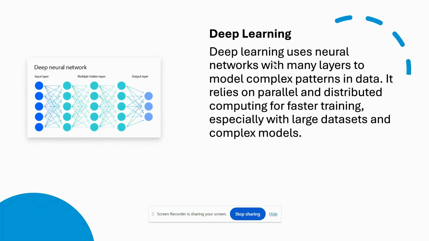The small circles that you are seeing here are called neurons, and the neural network is this whole structure in which different neurons are connected to each other. It has three parts: an input layer, multiple hidden layers, and an output layer.